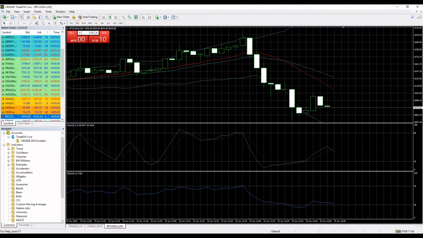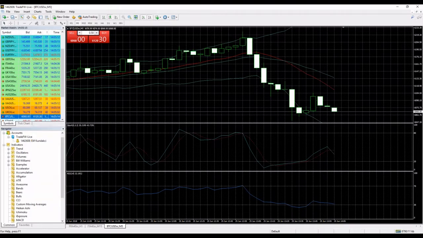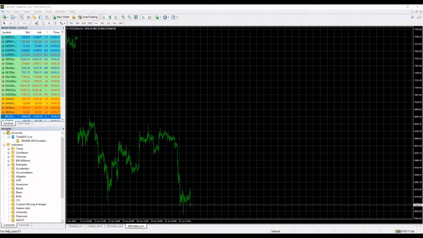I will wait a bit more. I see on the 5-minute chart the price will drop. I will open a pending order on Bitcoin. Wait for me. New order. Here we go.